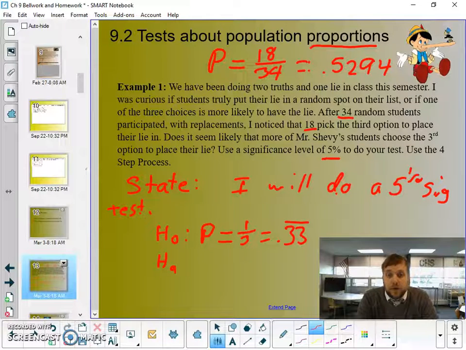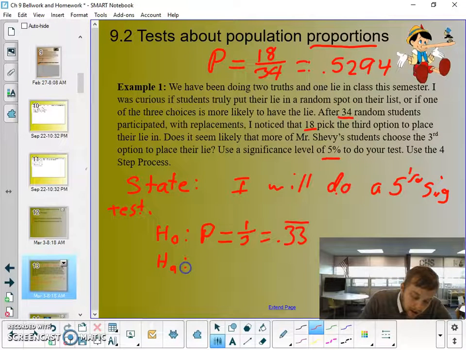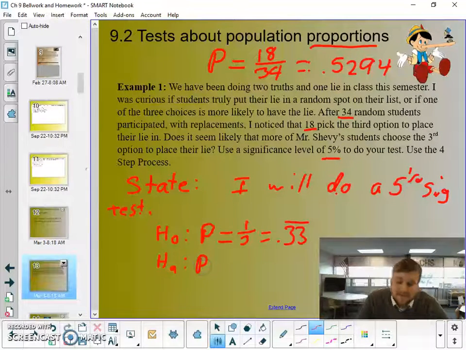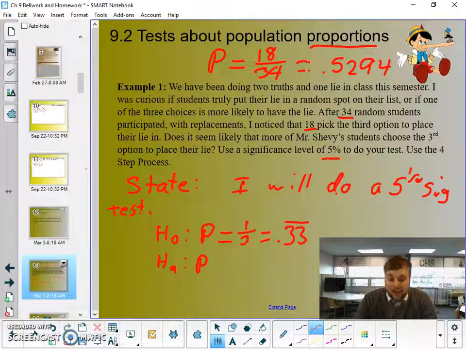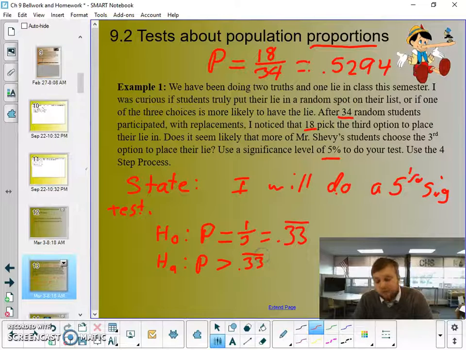I have a 33% chance of it being on the last one. However, I think the probability is bigger on the last one, so I think it's bigger than 0.33 repeating. That's my guess. So that's my statement.